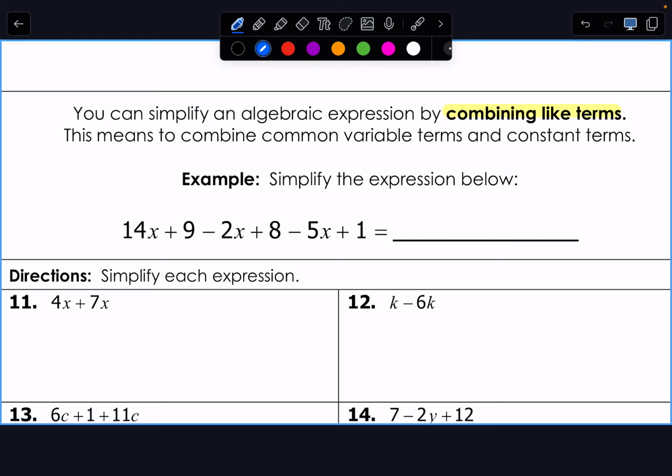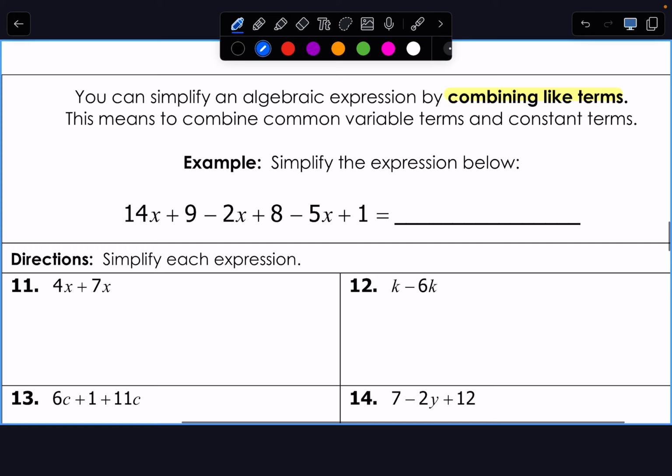I'm going to put boxes around all of my variable terms. So I'm going to put a box around 14x. I'm going to put a box around, what's the next one? Thank you for saying the minus with it. We have to attach the sign in front of it. And then what's our other one?